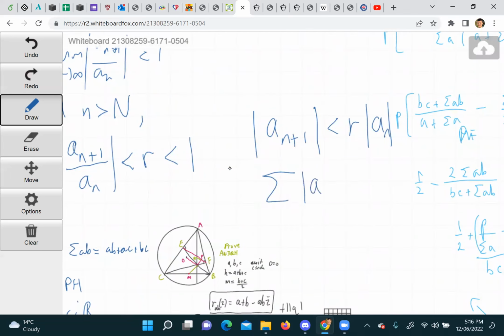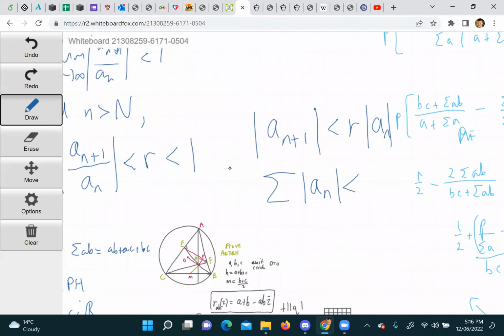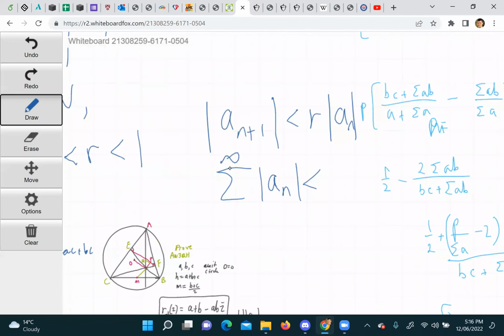So this a_n is less than or equal to a_1 times r to the n. So this thing converges.